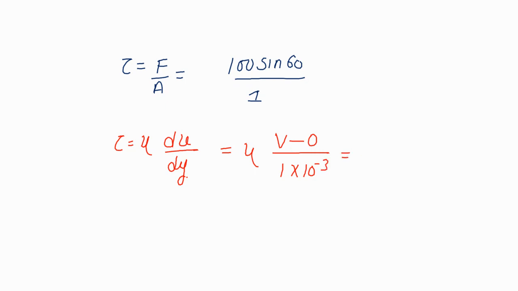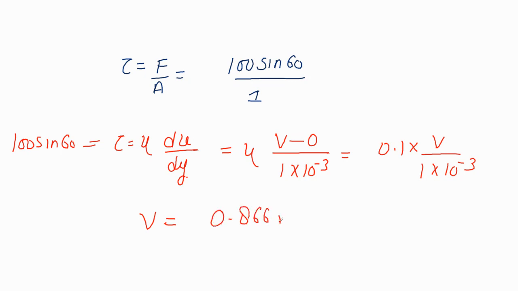What is mu? Mu is 0.1. So we write 0.1 into v divided by 1 into 10 raised to power minus 3. And shear stress is 100 sine 60. So we solve this and we get v is equal to 100 sine 60 into 1 into 10 raised to power minus 3 divided by 0.1. So it comes out to be 0.866 meter per second.